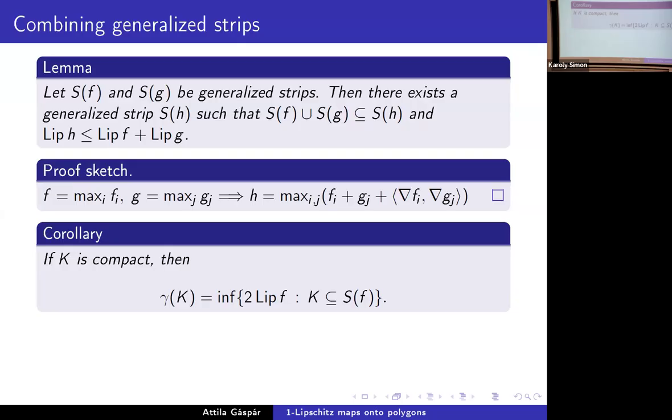For the proof of this statement, there's a bit of a complication because generalized strips are closed, but we will need an open cover to use compactness. But this is actually not a problem.